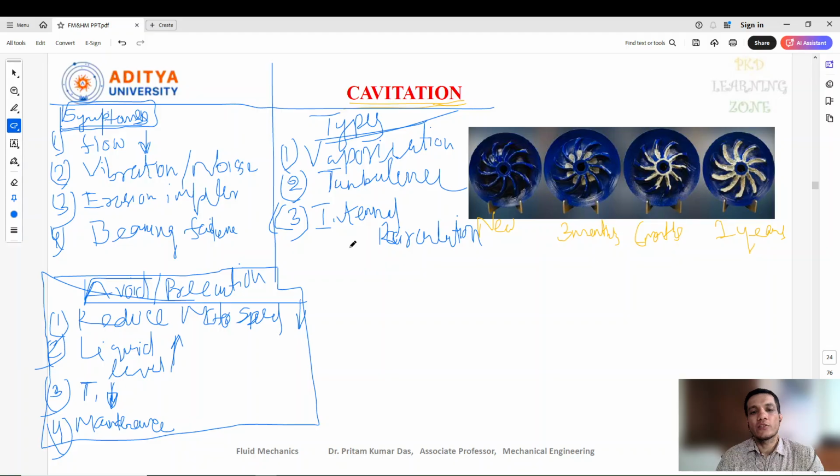Because the pump is not able to deliver the exact amount of water to outside, that internal recirculation also creates cavity formations. This is one reason.